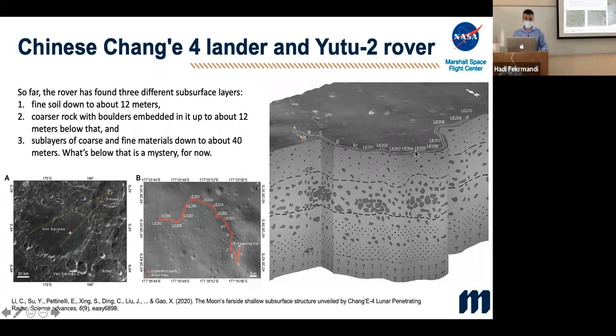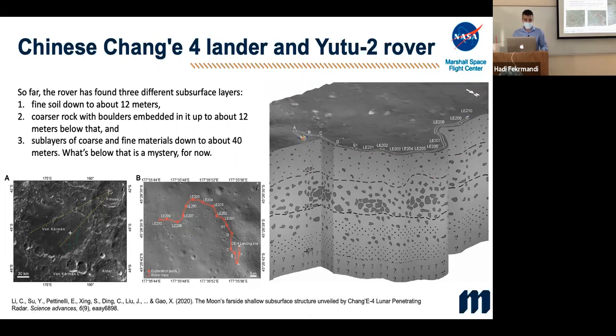It includes a ground penetrating radar that showed three layers: basically fine soil for the first 12 meters, then coarser rock boulders embedded about 12 meters below that point, and then additional sub-layers of coarse and fine combination for up to 40 meters, and no one knows what is below that. But again, this is one rover covering one trajectory, and that is basically what it is showing.